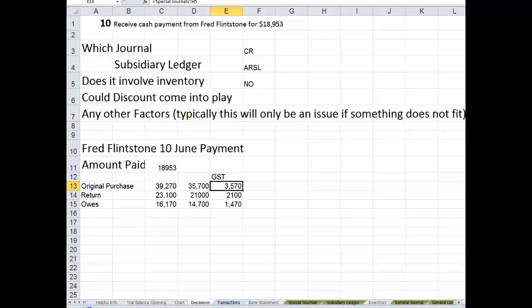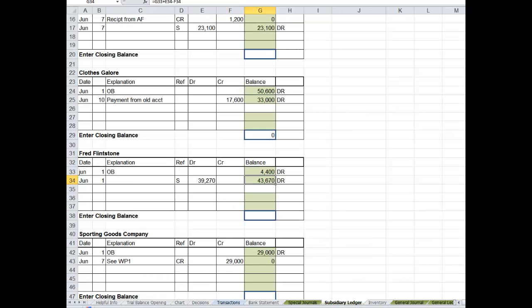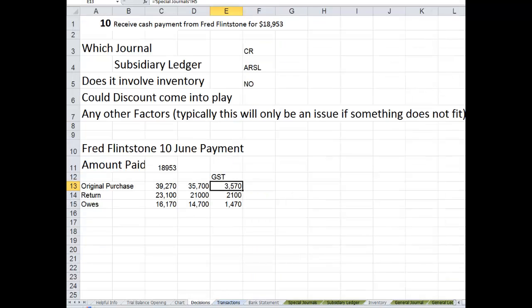Well, because if we go back to the subsidiary ledger, you see Fred Flintstone owed $4,400 at the beginning. So opening balance $4,400.